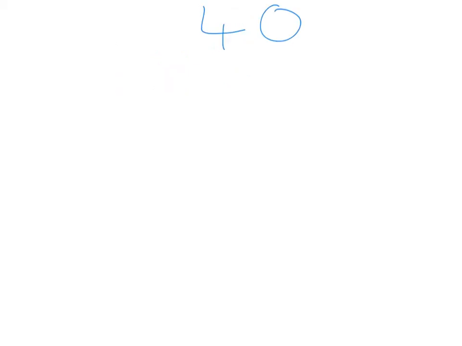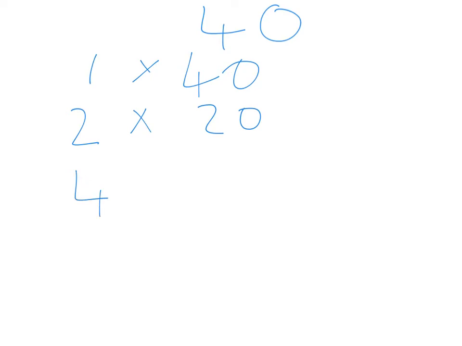Okay, let's see what we've got here then. We've got 1 and 40. Have we got 2 and anything? Well, yes, we've got 2 and 20. Have we got 3 and anything? No, I don't think so. We've got 4 and something. 4 and 10, that's right.